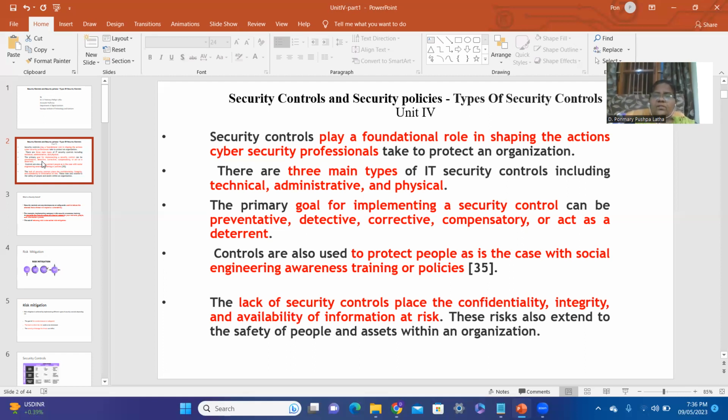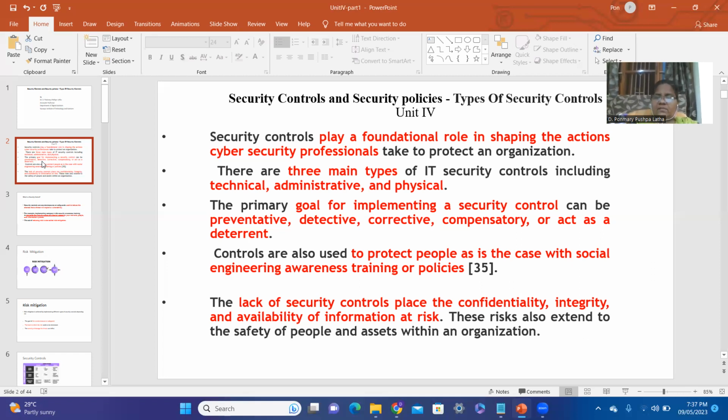We have to protect people from social engineering through awareness training or policies, so you can make them not do harmful things.